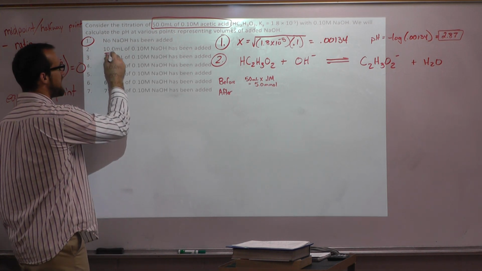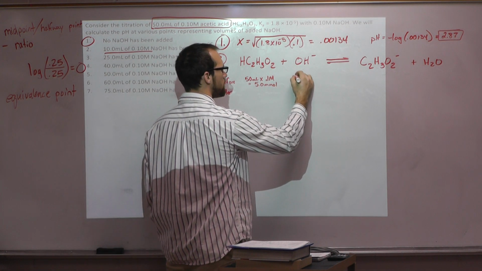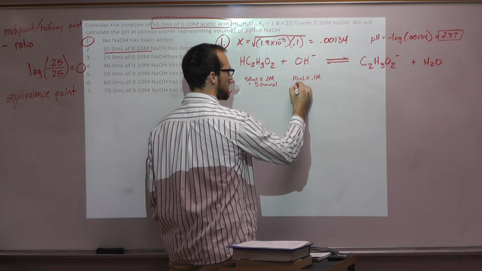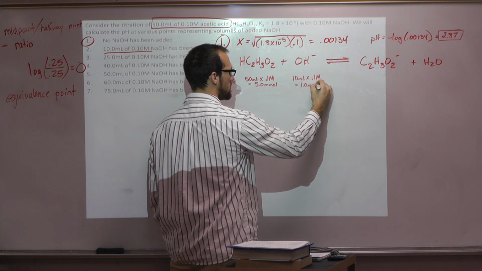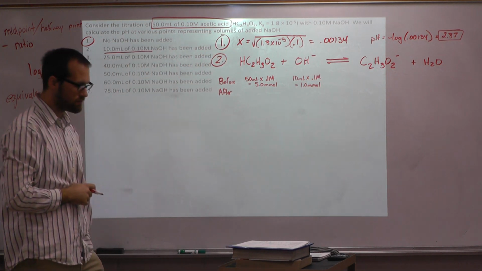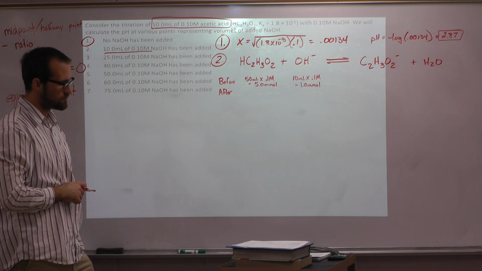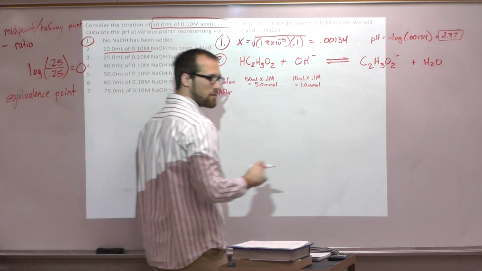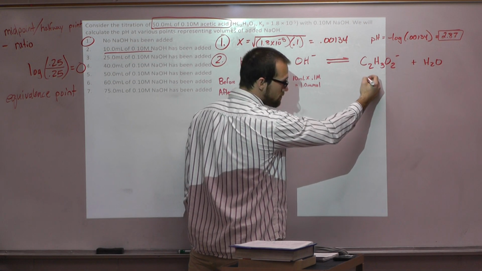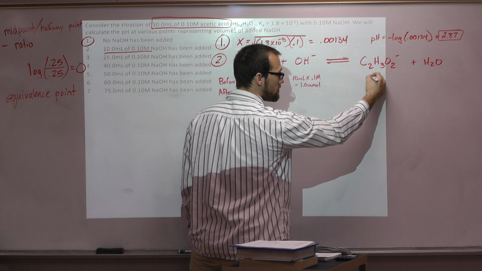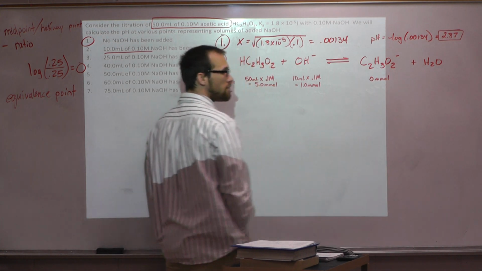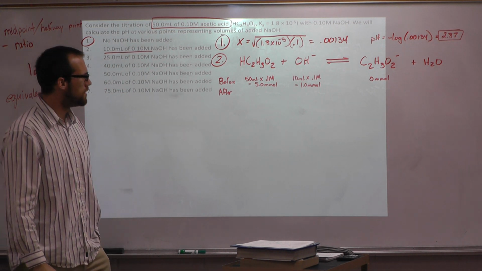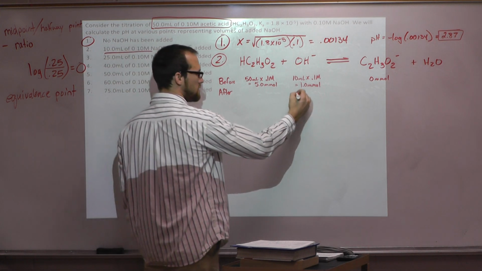Okay, then I added 10 milliliters of the base, which should give me, I think, 1 millimole. And how much of my conjugate do I have at this point? Before anything's happened. Right? Okay, I'm going to react to completion.